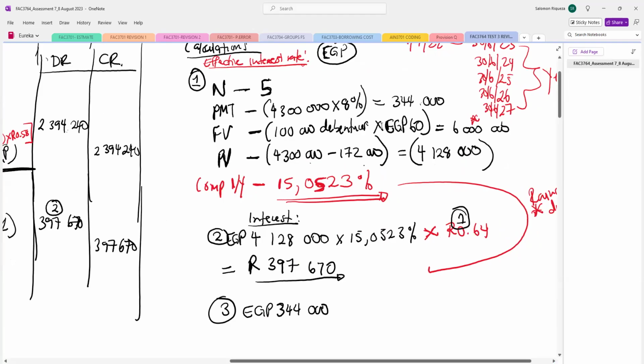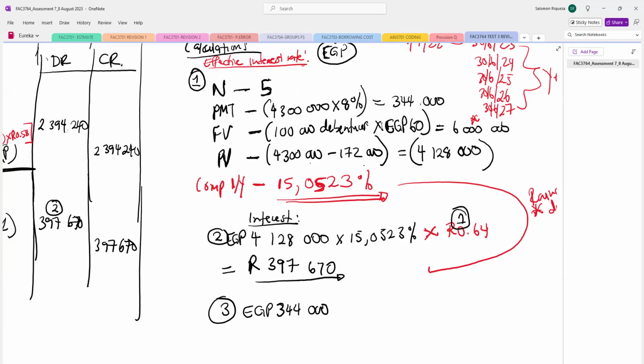The interest rate that we calculated, which is 15.05. Yes. The 0.64, the average exchange rate is what we use to determine the interest finance cost. So my question is, where does the 15.05 come in?